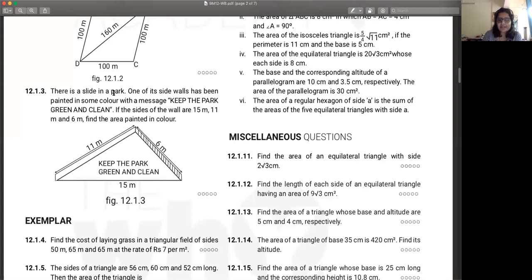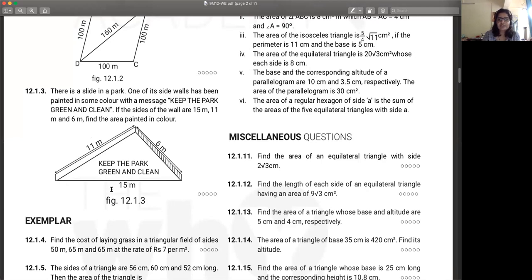So we're looking at 12.1.3. There is a slide in a park. One of its side walls has been painted in some color with a message. If the sides of the wall are 15 meters, 11 meters, and 6 meters, find the area painted in color. So this is your slide. This is where you climb, this is where you slide.